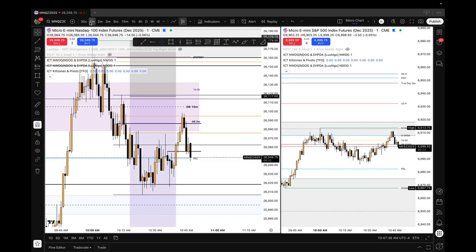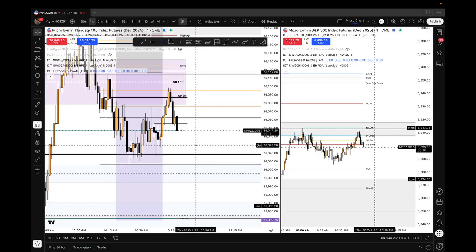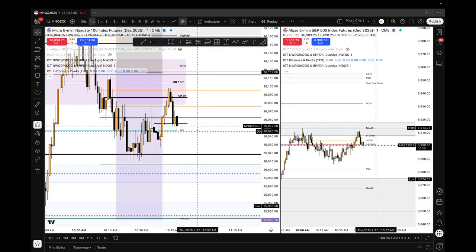As you can see, price is pushing its way lower and lower. Might take another trade, not quite sure, but it looks like price is still respecting this little fair value gap.